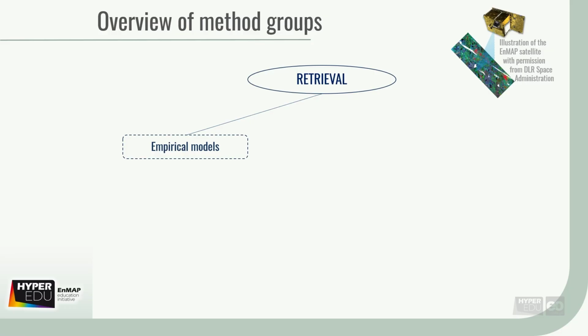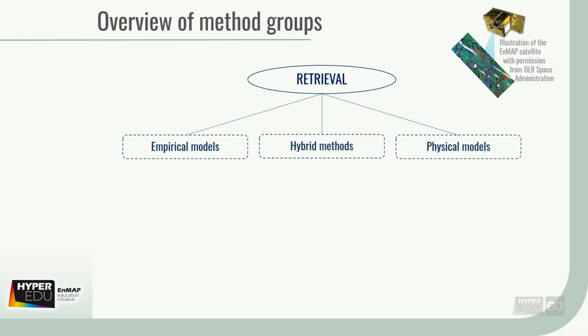Currently, this research topic is highly dynamic, with new studies exploring new methods every few months, and, in the future, the methodological categories I present here may expand into further subcategories and combinations thereof. For the retrieval of forest traits, we basically differentiate empirical models, physical models, and hybrid methods.